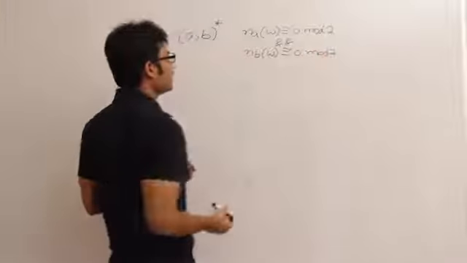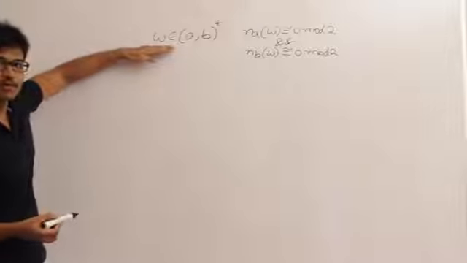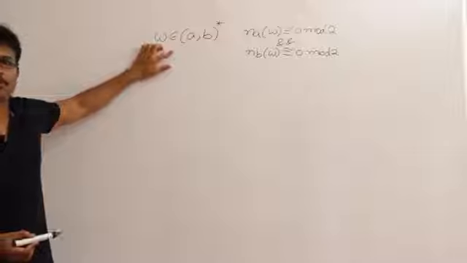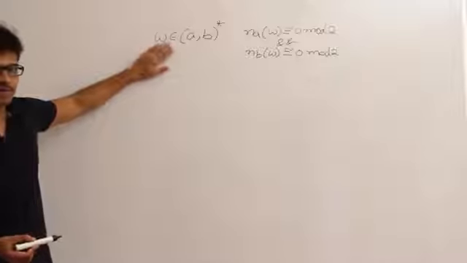Yesterday we saw that I classified the set of all strings into four classes: number of A's even or odd, number of B's even or odd. We have seen those four.